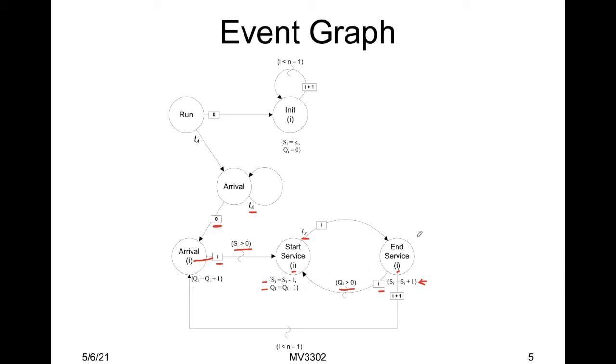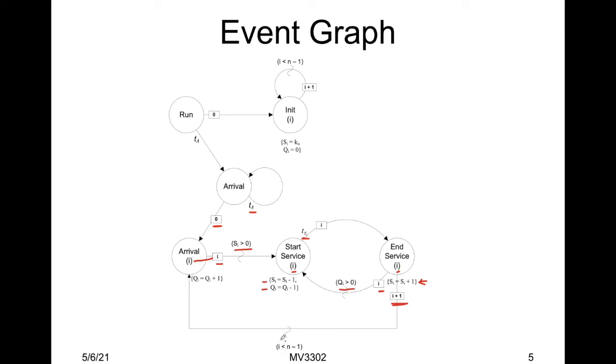But the next thing that happens is that the job moves to the next workstation. So how does it do that? Well, it schedules an arrival passing I+1. So for the very first one, if I get an end service at station 0, then it will schedule an arrival at station 1.